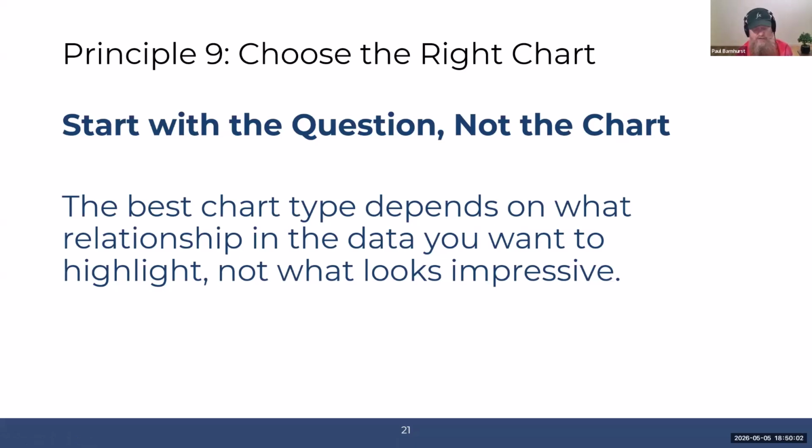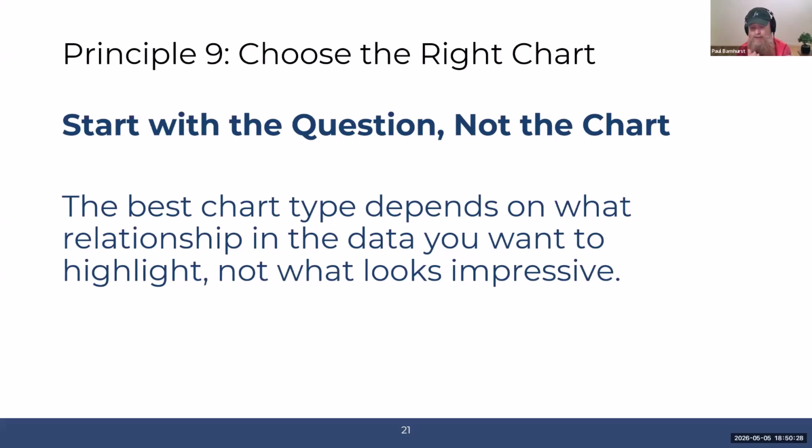9, choose the right chart. There are several different guides out there for charts, and people try to say, hey, if you have this type of data, always use this type of chart. The reality is nearly any visual can have 5 or 6 different charts that can work. So start with the question you need to answer, not the chart type. The best chart type depends on what relationship in the data you want to highlight.